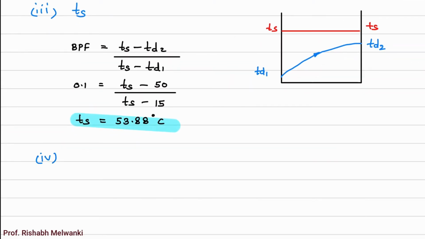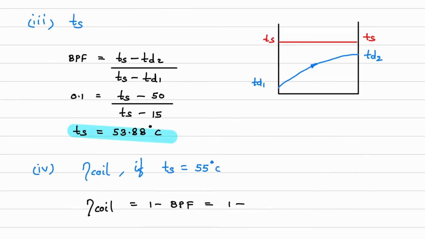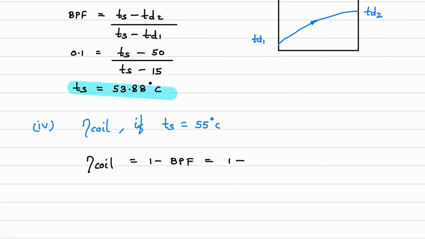So the sub question is the efficiency of the coil if the surface temperature of the heating coil is maintained at 55 degrees Celsius. Again we have to use the bypass factor equation. The efficiency of the coil is equal to 1 minus the bypass factor, equal to 1 minus the same equation, but the surface temperature is known, 55, and we have to calculate the efficiency.